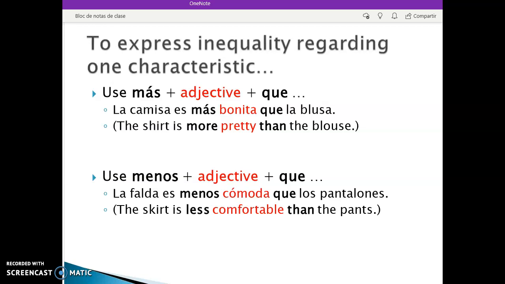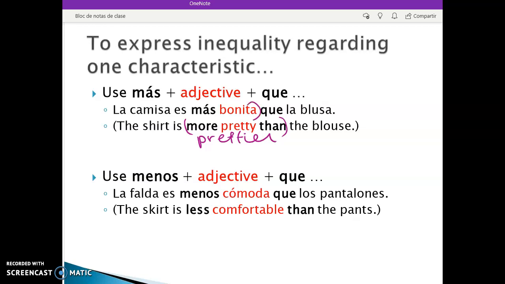So if you look at the sentence, I have it written down here in English, it says, this shirt is more pretty than the blouse. We don't say that. We say the shirt is prettier than the blouse. So la camisa es más bonita que la blusa.